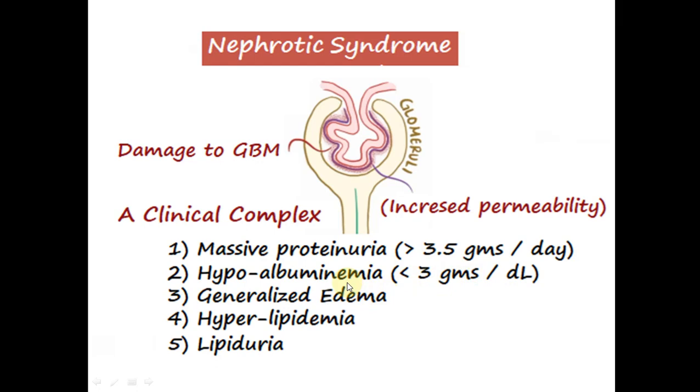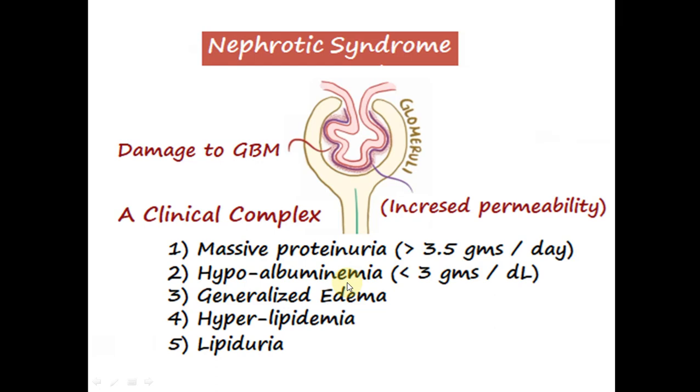And we know that the albumin is the major protein in the blood which is responsible for maintaining the colloidal osmotic pressure or oncotic pressure. At the capillary circulation, at the arteriolar end of the capillary, the hydrostatic pressure pushes fluid out of the blood into the extravascular space.